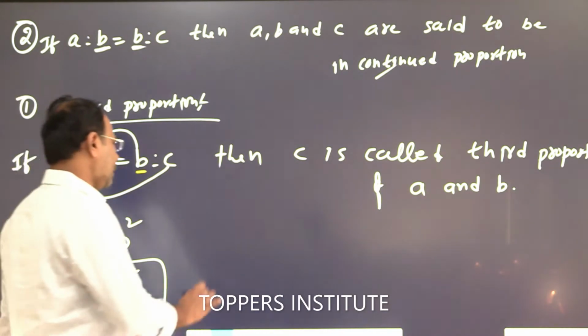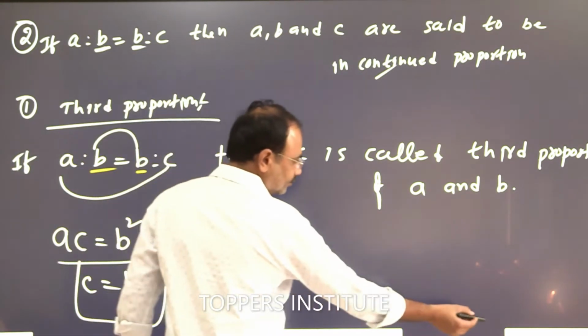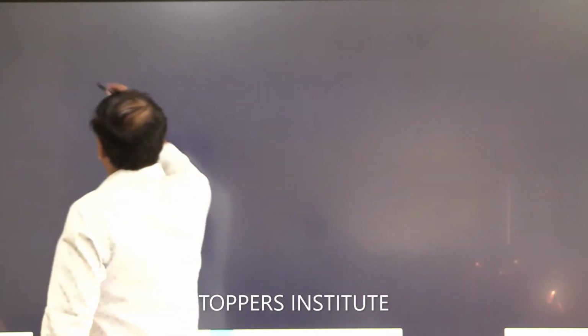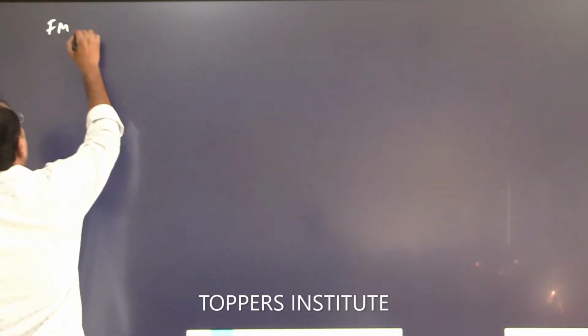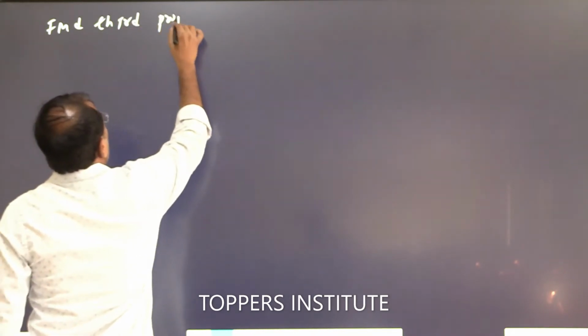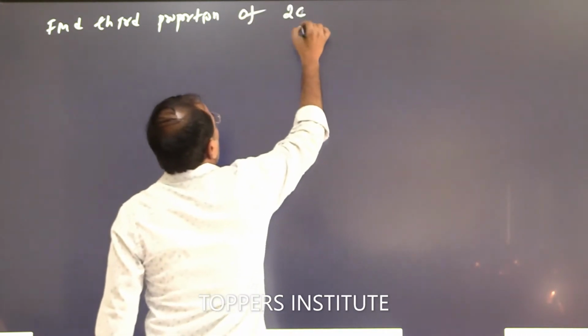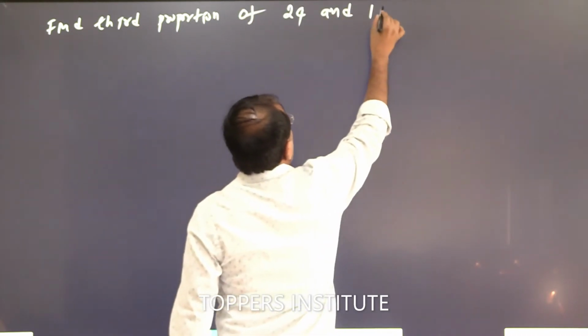How will the question be asked? Find the third proportion of 24 and 18.